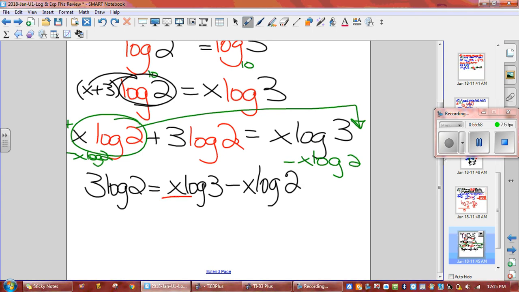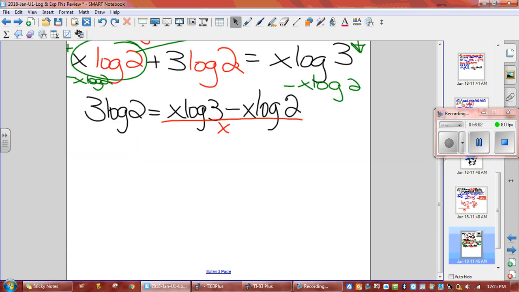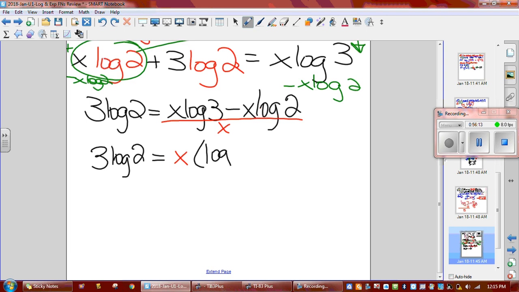Now we're going to factor out x. So on the right hand side we've got 3 log 2. Sorry, on the left. We factor x out now. Log 3 minus log 2. And now we can divide that out to both sides to solve for x. I'm going to flip-flop everything both sides.